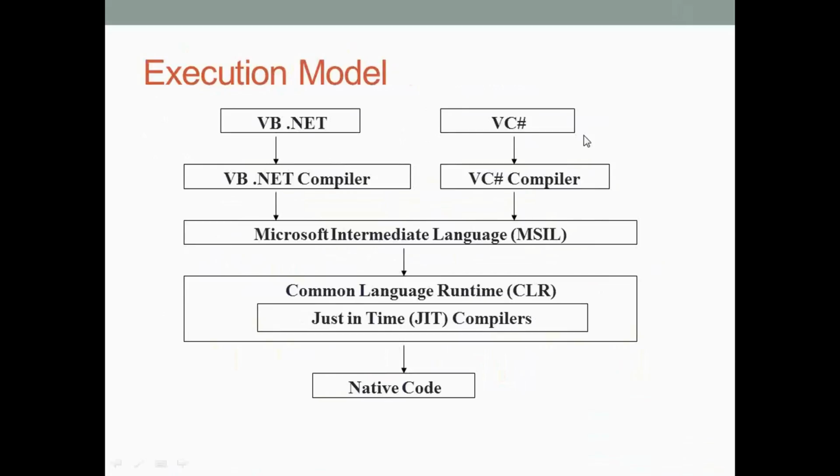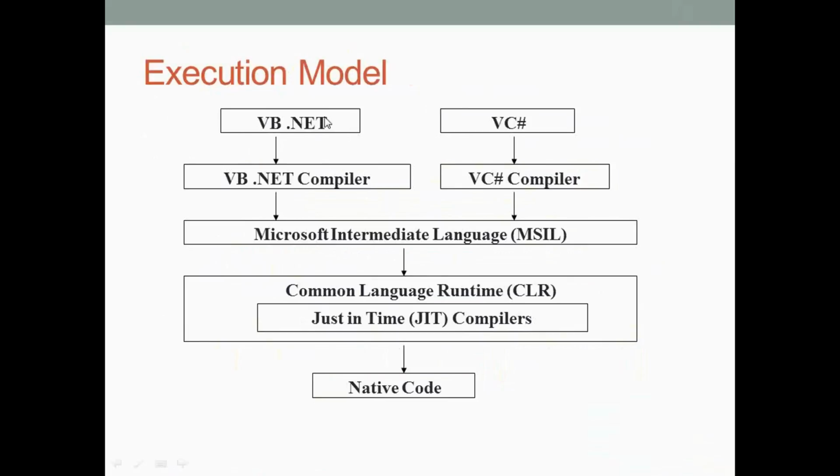First of all, the .NET Framework gives us a specific compiler for each language. For VB, we have vbc.exe, which is the Visual Basic compiler. For C#, the .NET Framework gives us a special compiler known as csc.exe. The source code created by the developer needs to be compiled first, so this source code is compiled by the specific compiler.